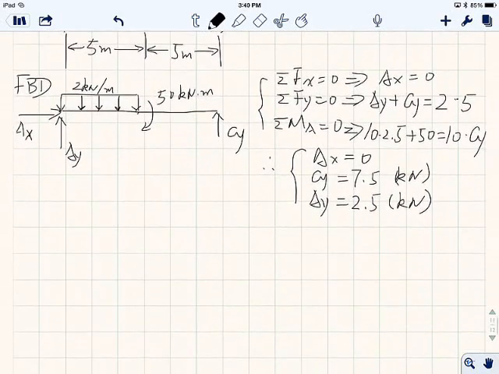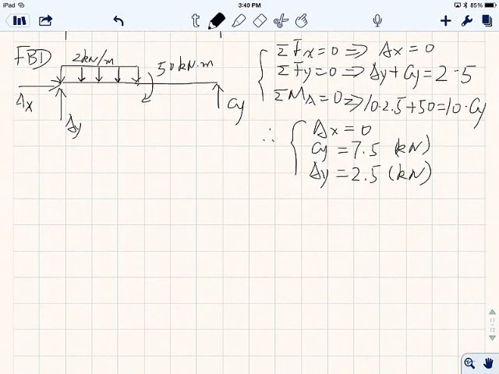Let's see here. So it's asking for the shear and bending moment diagram, right? So let's start from here. CY is 7.5. AY is 2.5.